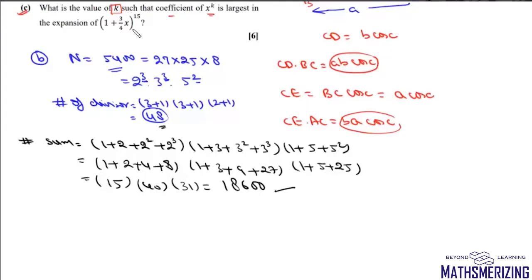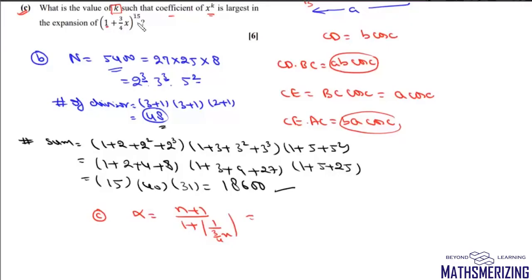So for this we'll find alpha, which is (n plus 1) upon (1 plus x by a). Now x in this case is 1 and a is 3 by 4 x.